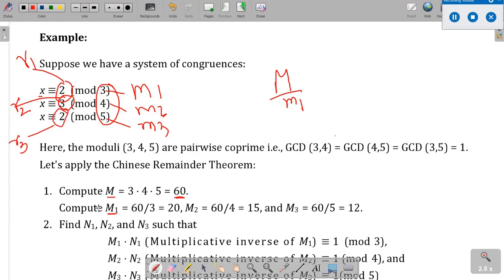So to find the m1 we divide this m, and m is nothing but m1 into m2 into m3.